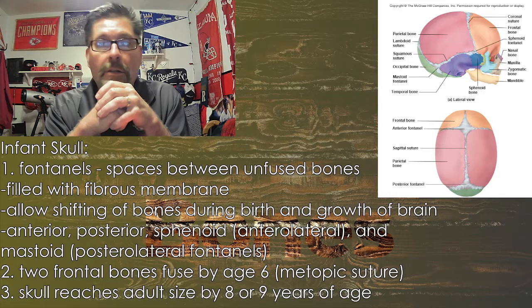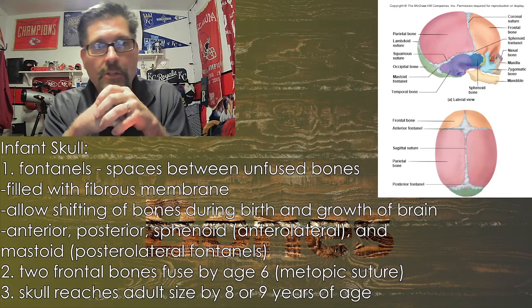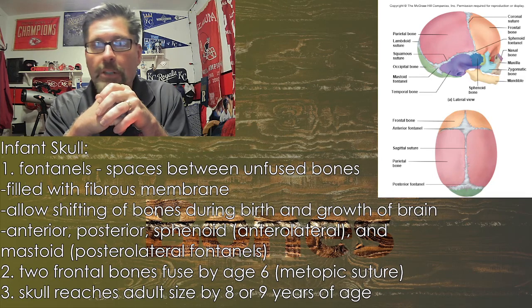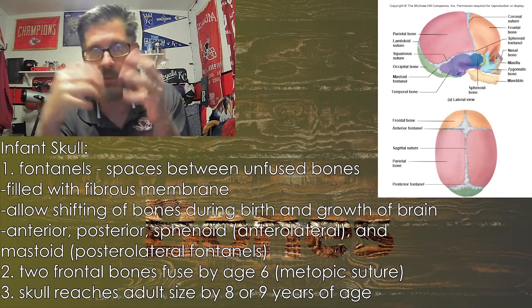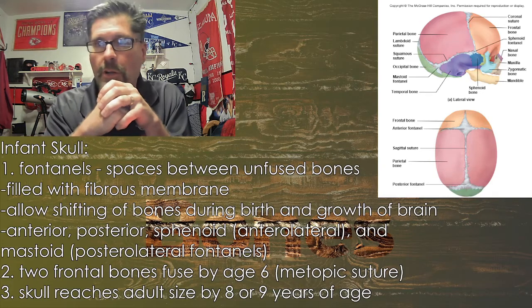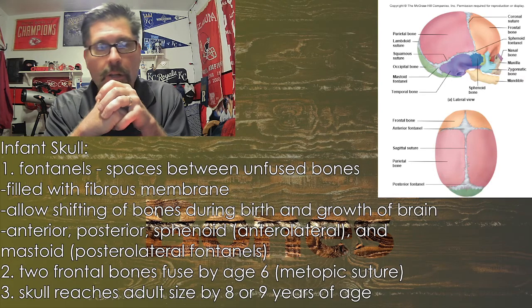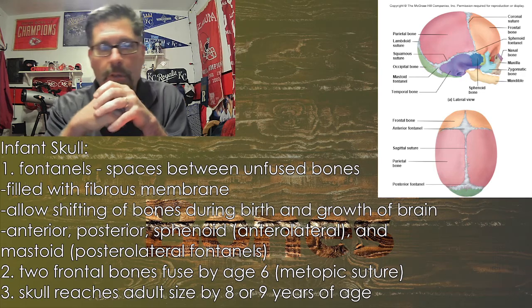So just like regular bones, as they're growing, they're not fully developed yet. That's one reason why you hear about the soft spots on the infant skull, or to be careful with infant skulls, because they are softer, and you can see the ages of the various levels of development.